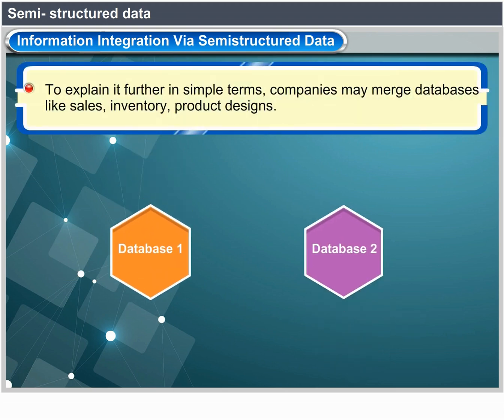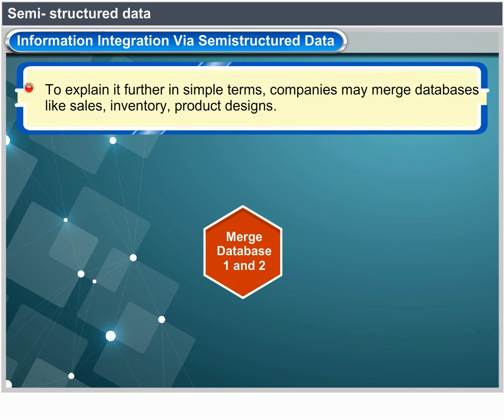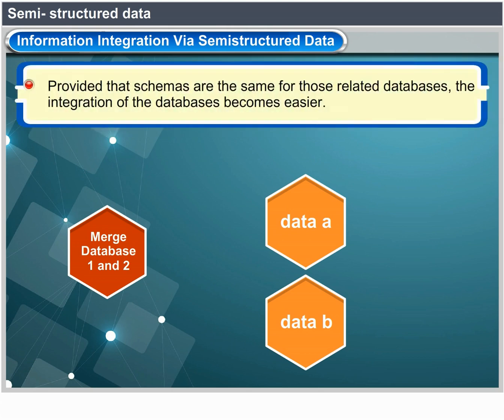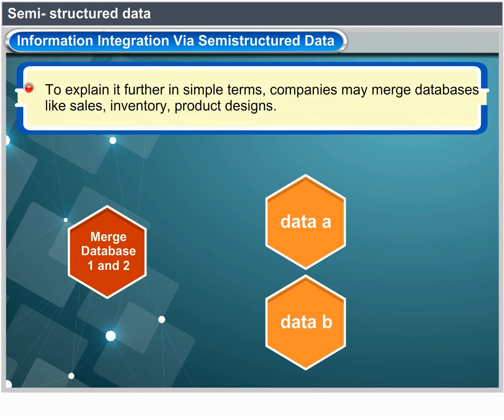For instance, companies may merge, each has its own personnel database, its own database of sales, inventory, product design, and perhaps many other matters. If corresponding databases had the same schemas, then combining them would be simple. For instance, we could take the union of the tuples in two relations that had the same schema and played the same roles in the two databases.